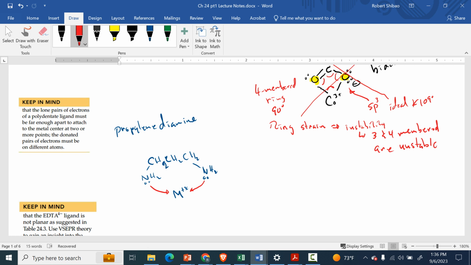How many atom ring is this? Six. So this would be a 6-membered ring, no problem. And so propylene diamine would be expected to be a bidentate ligand. Bidentate. It'd be a chelating agent as well.